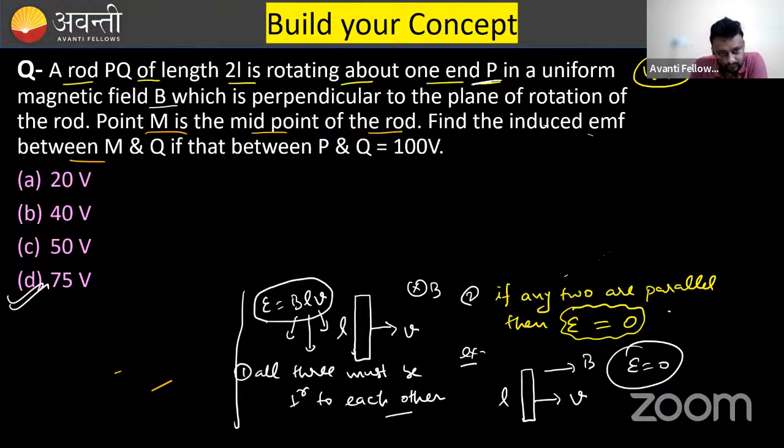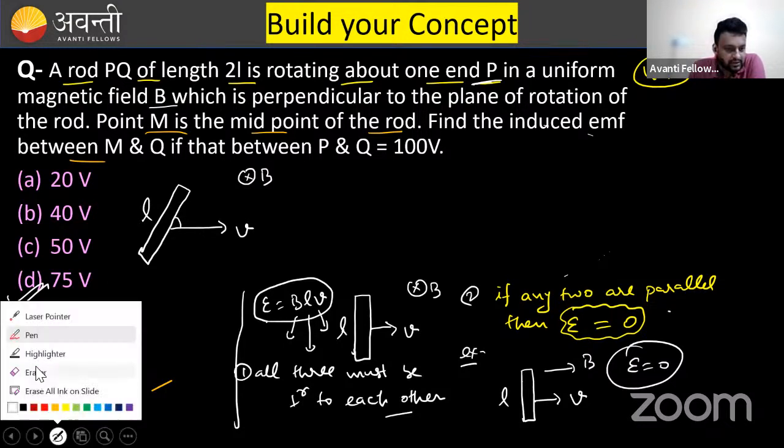One more question I will take. Let's suppose this is the rod. Clear? And there is a magnetic field B. Length of the rod is L. And this rod is moving in this direction with some velocity V. And I'm changing the angle.